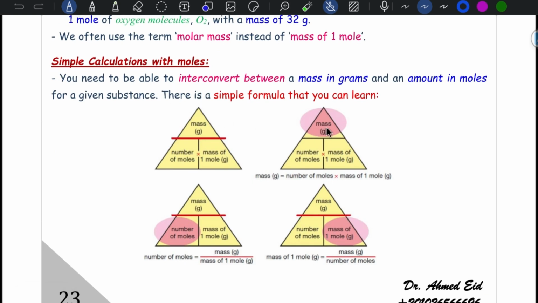If you're asking about mass, you multiply number of moles times mass of 1 mole, MR. Mass in gram equals number of moles multiplied by mass of 1 mole, which is called MR. If you want to calculate the number of moles, just divide mass in gram over mass of 1 mole, the molar mass. If you want to calculate the mass of 1 mole, MR, divide mass over number of moles.